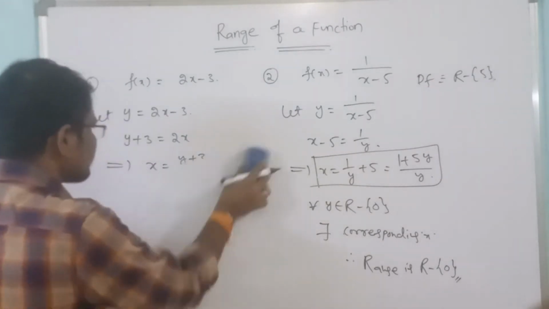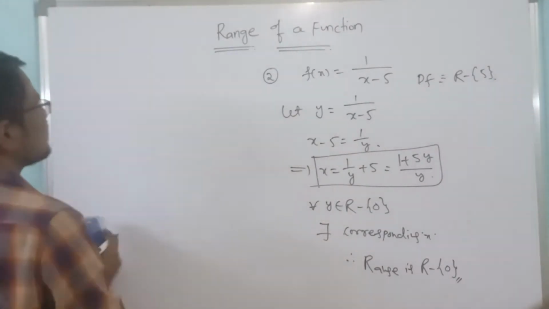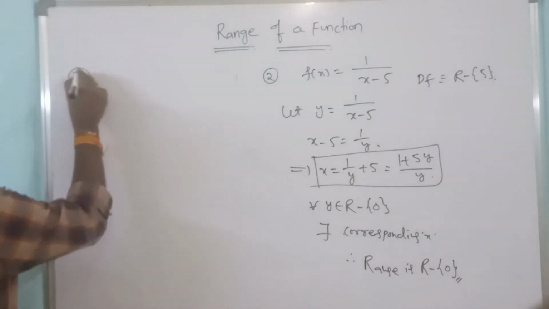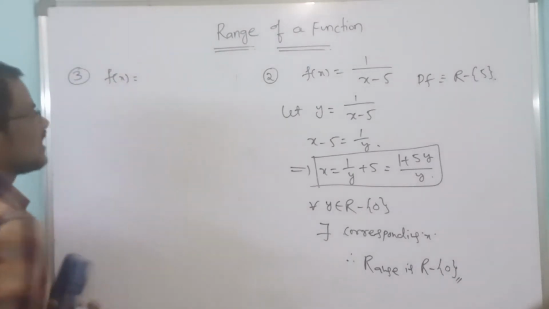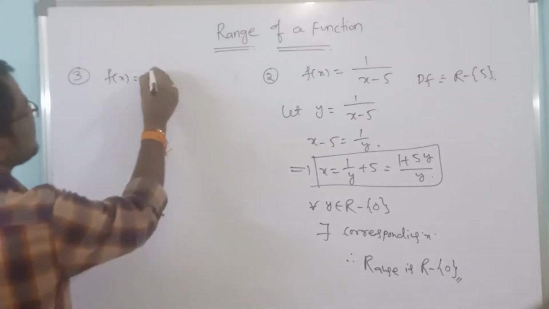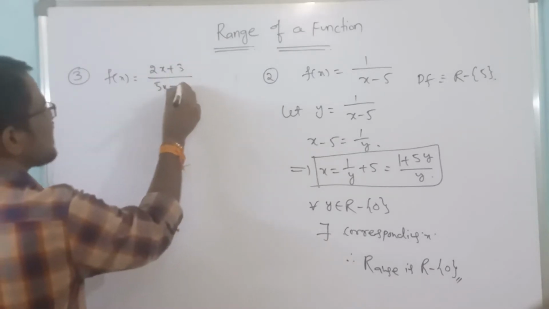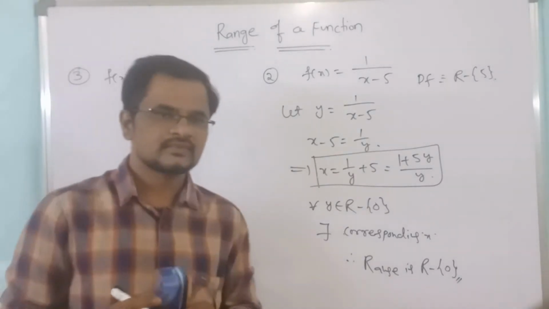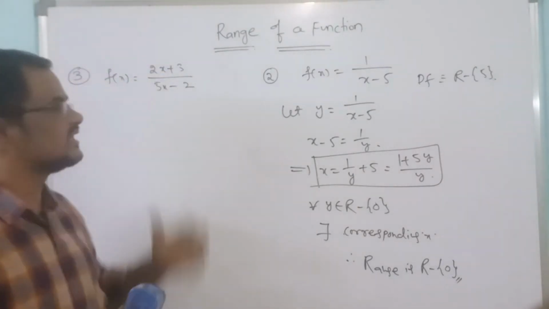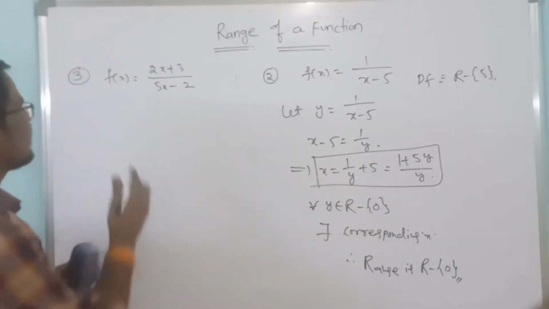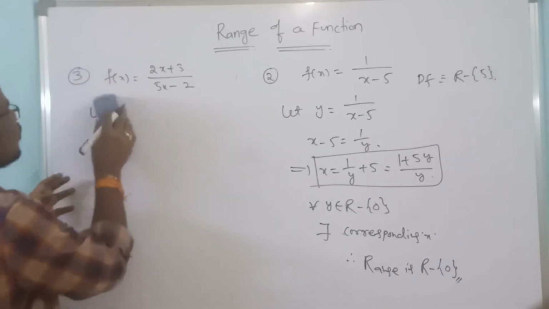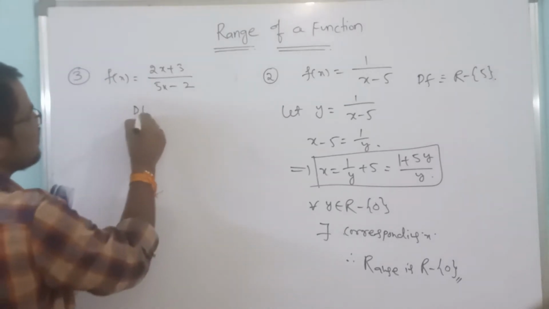Suppose like this they gave: find the domain and range of the function (2x plus 3) by (5x minus 2). Means linear by linear is given. So here also we first take the domain of this function.